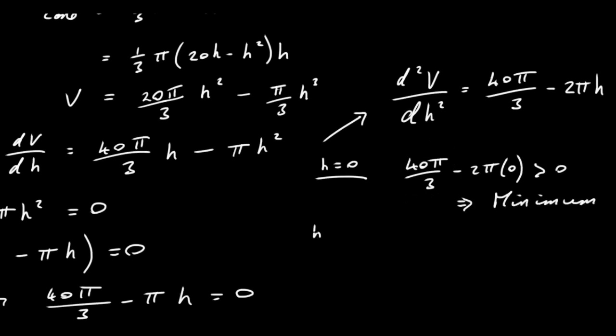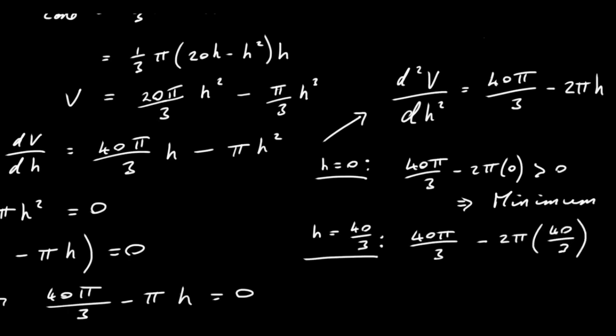If we take h is equal to 40 over 3, it's going to be 40π over 3 minus 2π times 40 over 3. You'll find that this is actually negative.